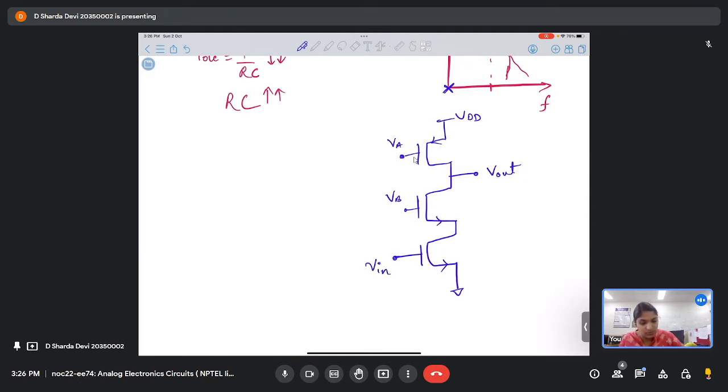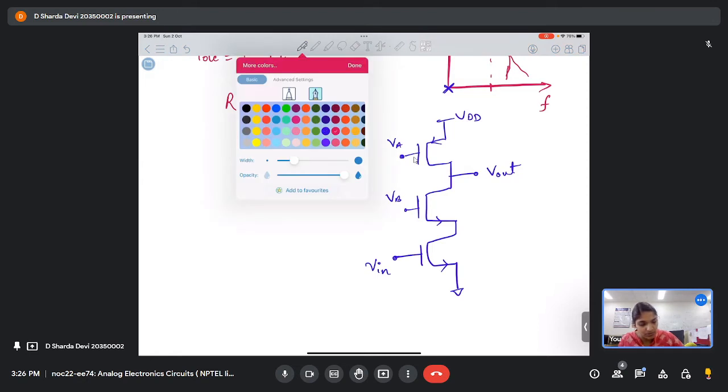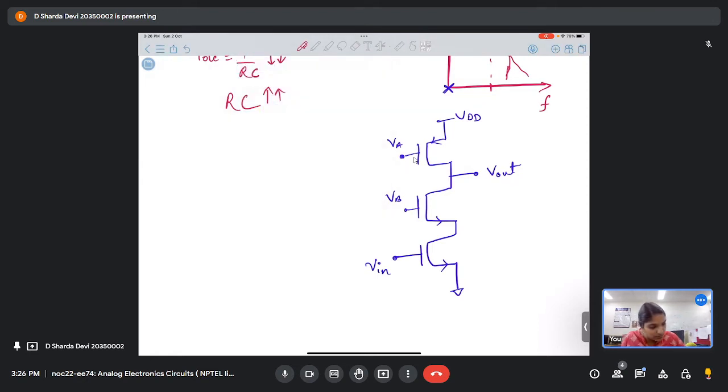Again, let me point out some other nodes as well so it is easy for you to answer. Let's say this node is Vx.